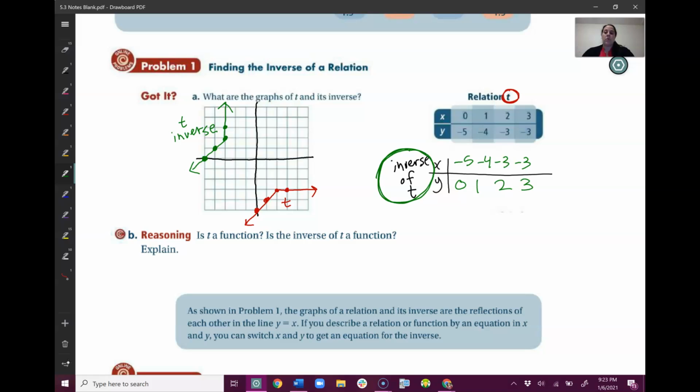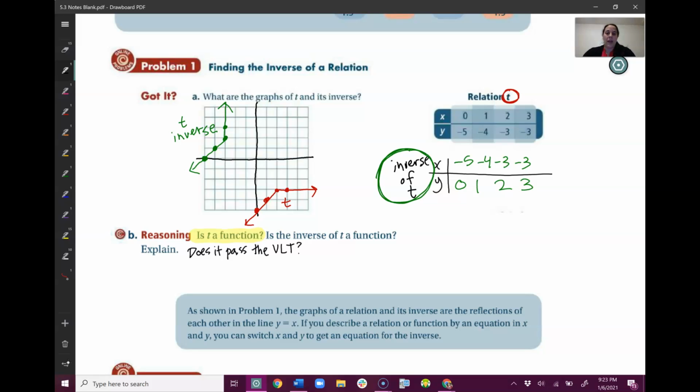Now, I do also want to talk about this question right here, B. This should actually be a review. This question of, is it a function? If you remember back from like 7th, 8th grade, in order for something to be a function, it needs to pass the vertical line test, which I'm just going to shorten to VLT.